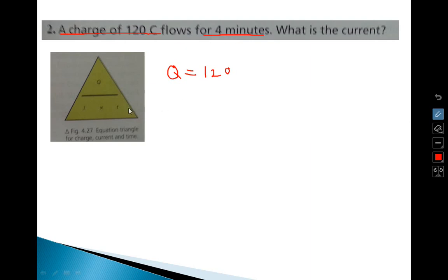Minute, which is T. So we have Q and T. T is equal to 4 minutes. So what's the current? We need to find what? I. We need to find I. From this triangle, I is equal to what? Q over T. Try yourself.